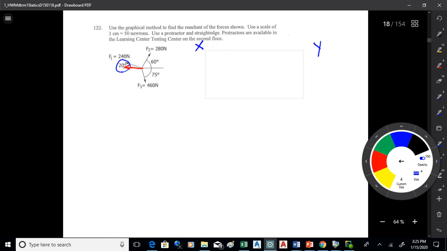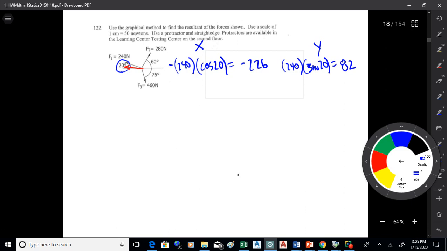For the first one, I had a negative on there because it's going to the left for the x component. The magnitude's 240, and I've got cosine 20, so what I'll get there is negative 226, roughly. And for the other, I'll get 240 times the sine of 20, and that will get me 82.1. I'll just call it 82.